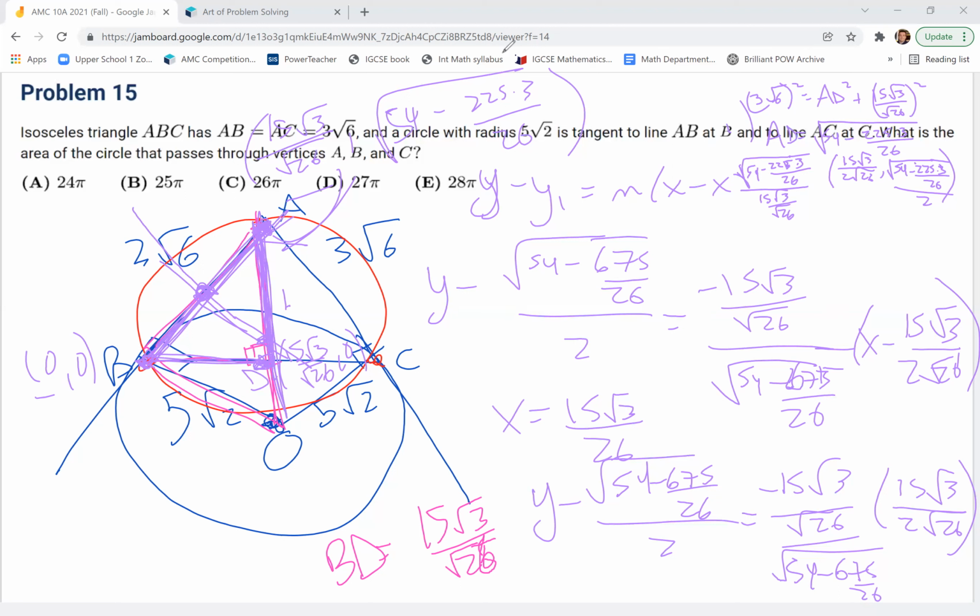I need to make a little bit more room here. So I'm actually going to erase some stuff really quick. Need to just make a little bit more room.